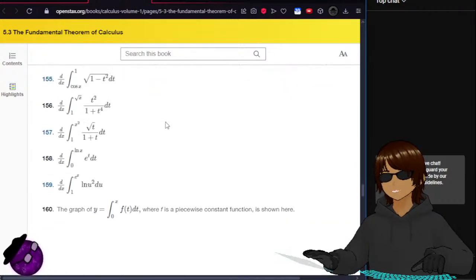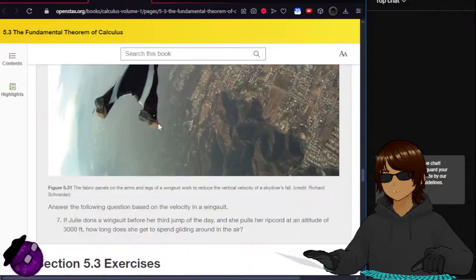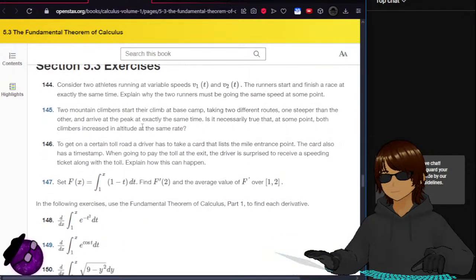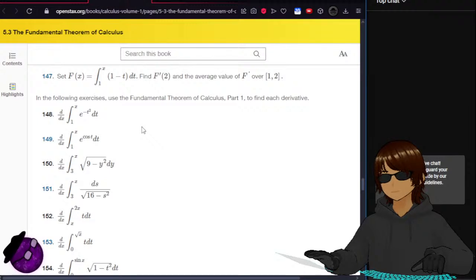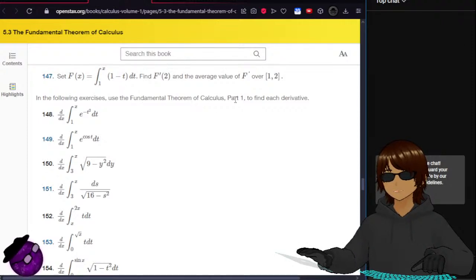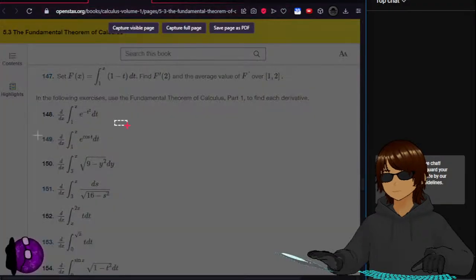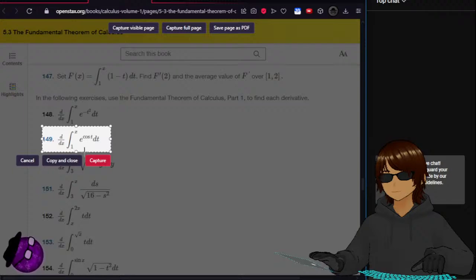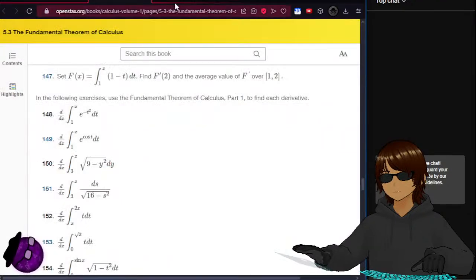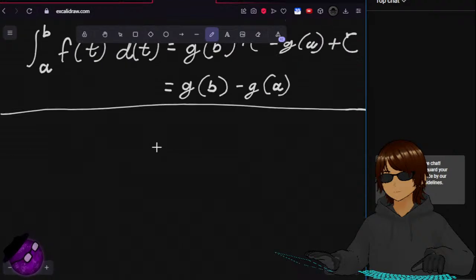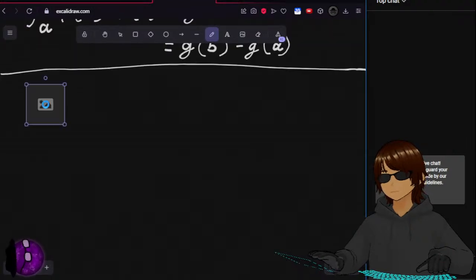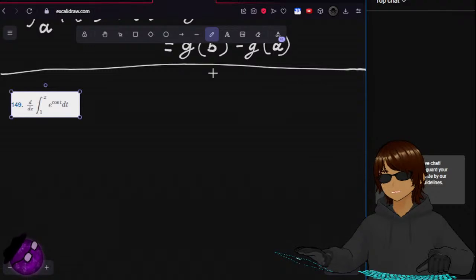Should I do some questions? Let's see. In the following exercises, use the fundamental theorem of calculus part 1 to find each derivative. So let's see. I have an area function.